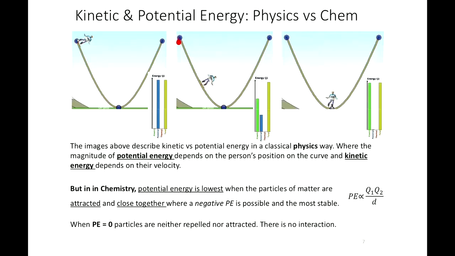But when he starts moving down and potential energy is converted to kinetic, he gains the most kinetic energy at the bottom and has zero potential energy. And so we see these bars on the sides here, they'll go up and down because we're transferring kinetic and potential energy. But what's interesting here is that total energy stays the same the whole time. Right?